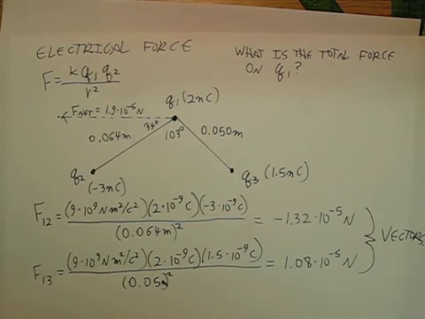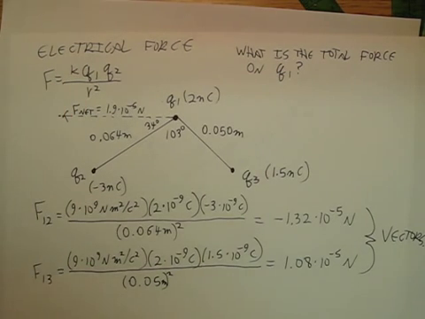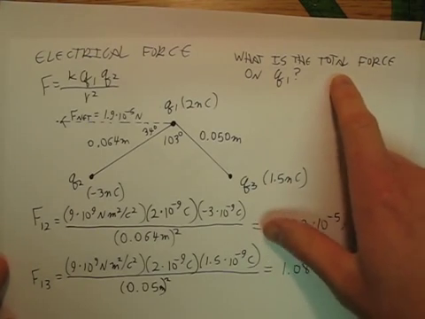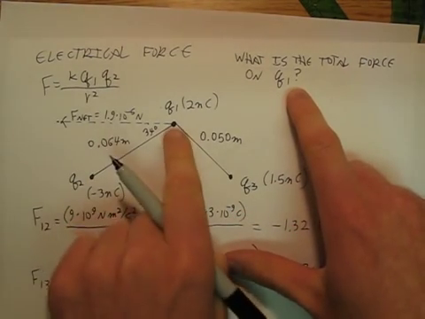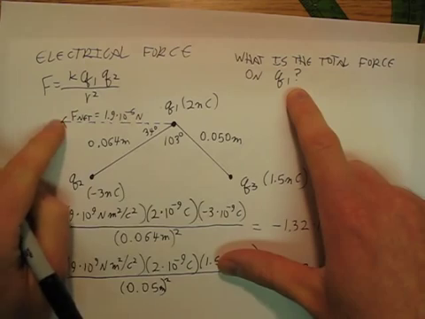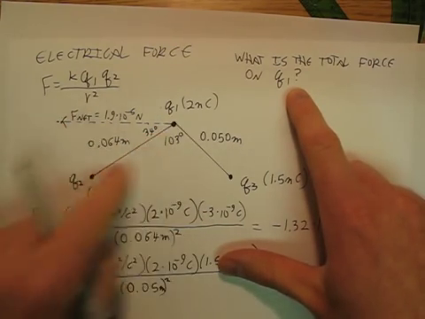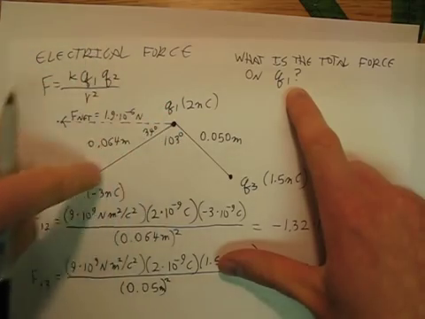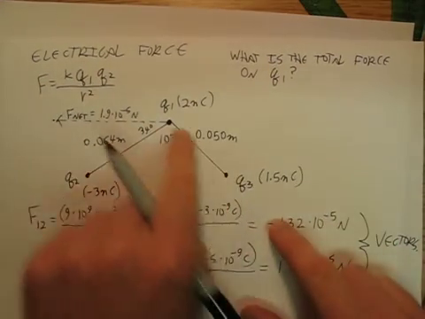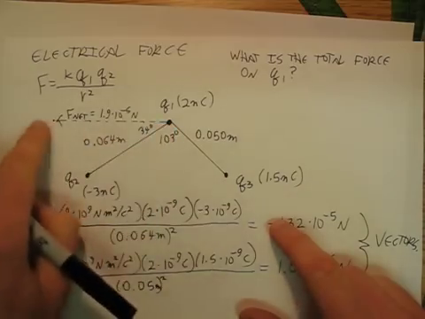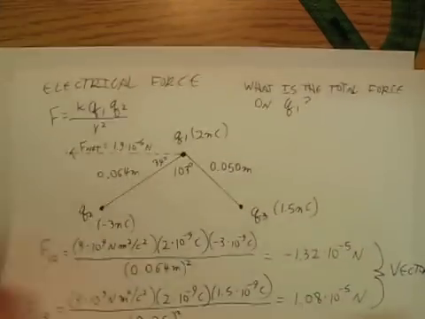Because I've done a scale diagram, I basically already know what my answer is. Overall, the net force on Q1 is going to be right in that direction. So what direction is that? It's 34 degrees off of this line. This one's going to pull it down this way, this one's going to shove it up that way. Overall, it's going to head that way.